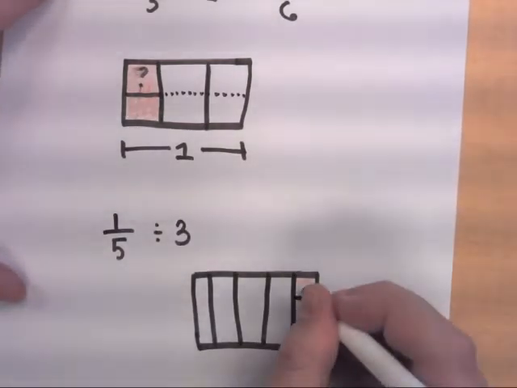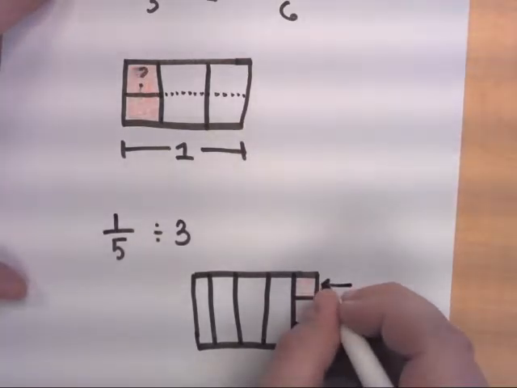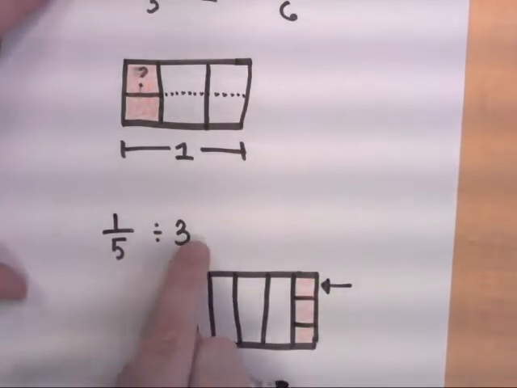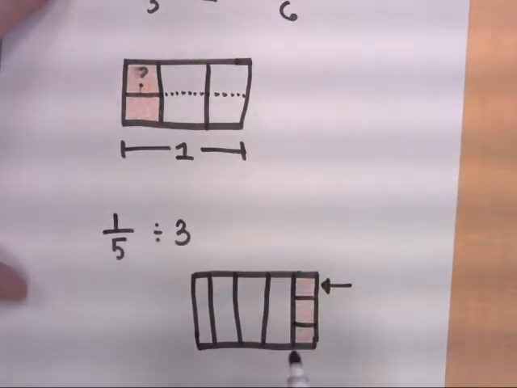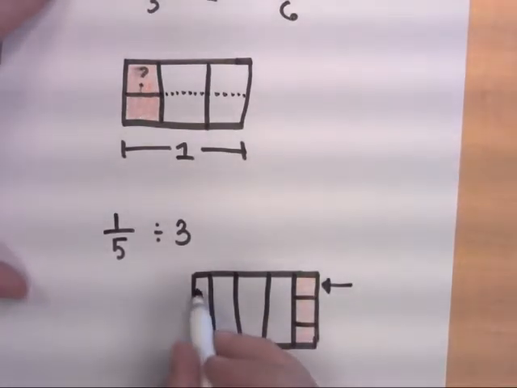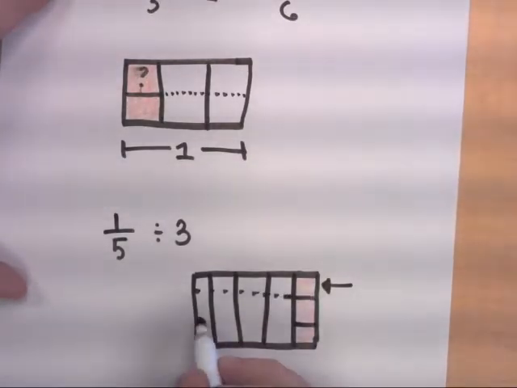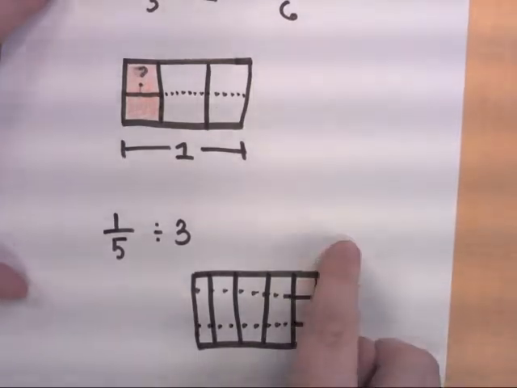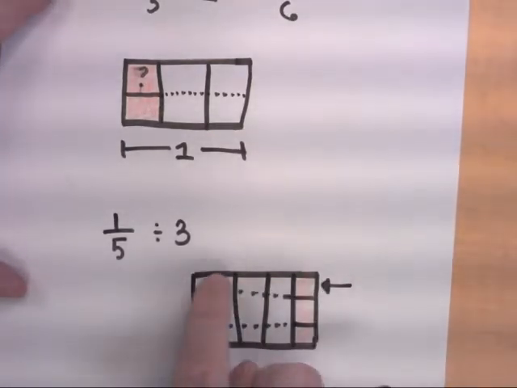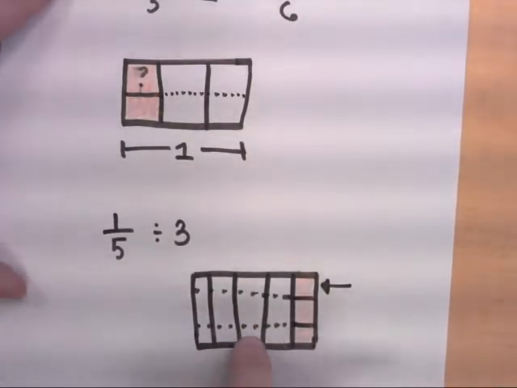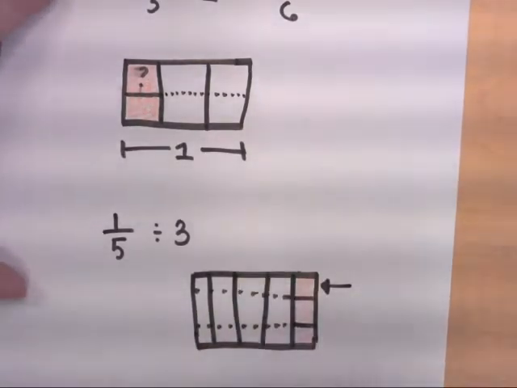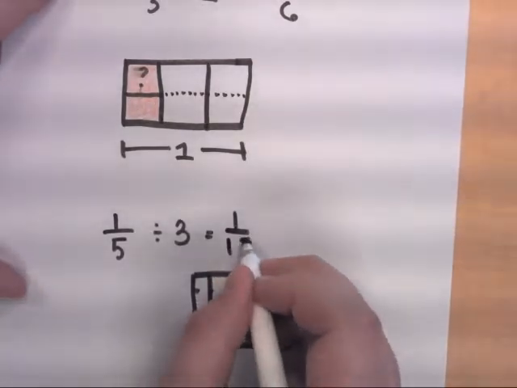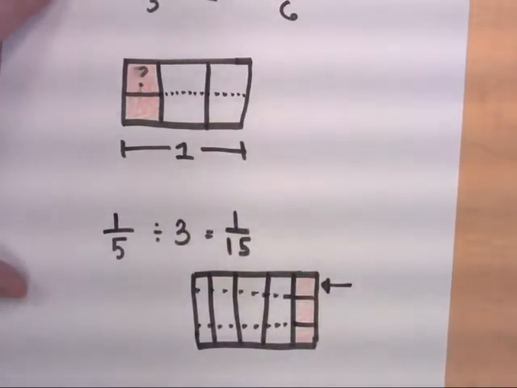And then once I figure out what size one of these pieces represents, then I have my quotient, or the answer to 1/5 divided by 3. Well, we can see that one of these pieces makes up 1/15 of the whole, because it would take 15 of these pieces colored in to shade in the entire figure here. And so 1/5 divided by 3 wholes is 1/15.